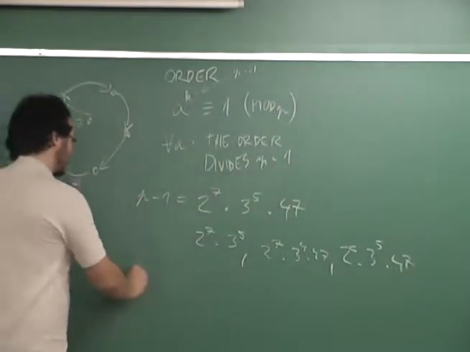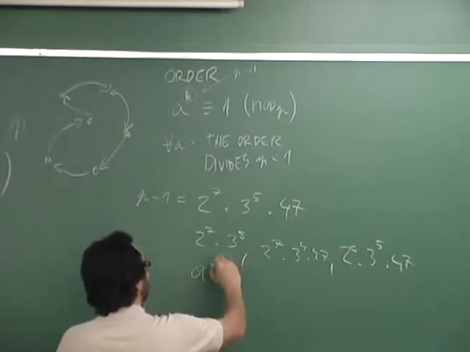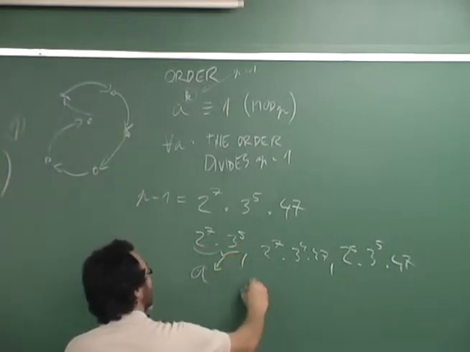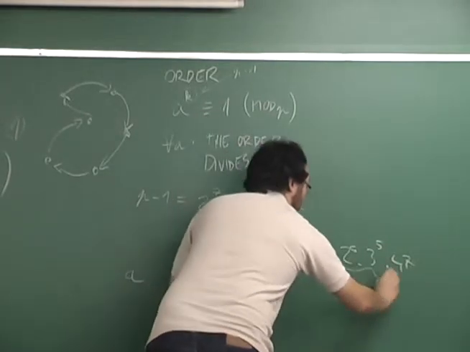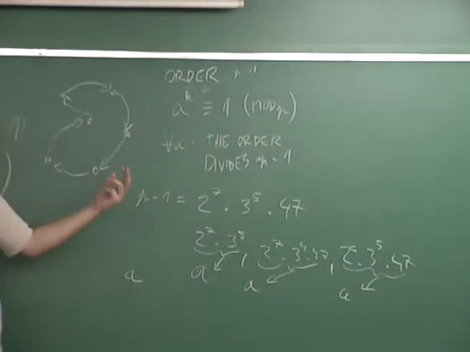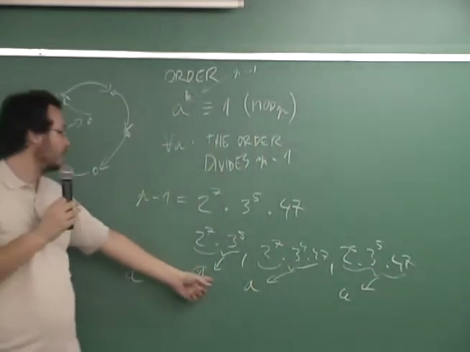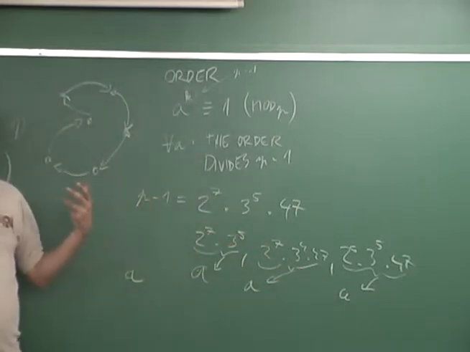So if we have a value a, we will compute the values a to this power, a to this power, and a to this power. And this is a sufficient check for a generator, because if one of these values comes up equal to 1, then we know that a is not a generator.